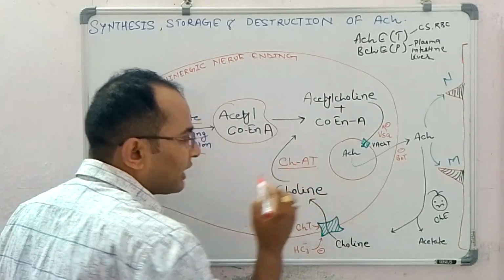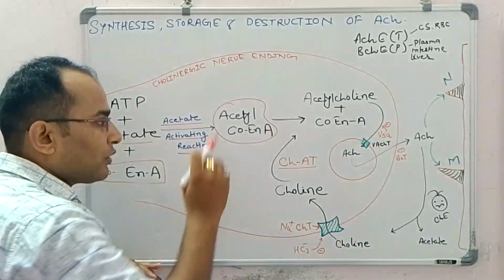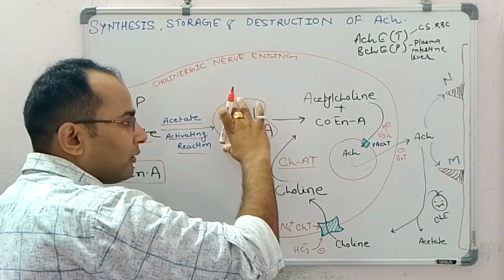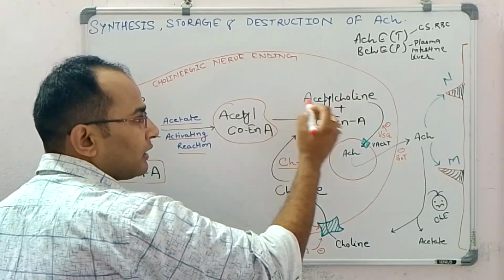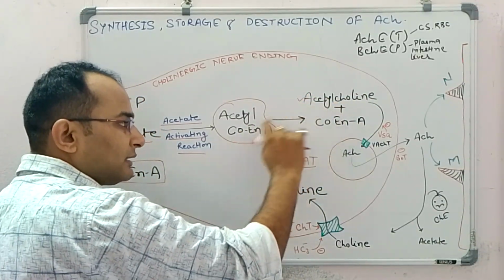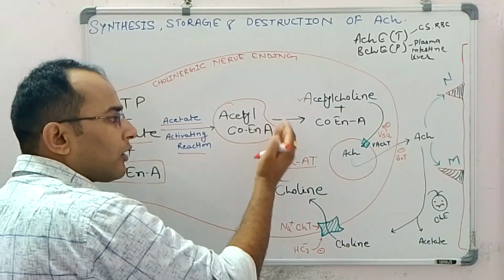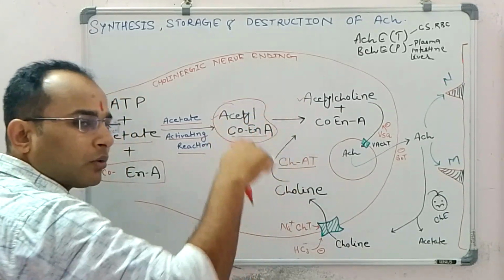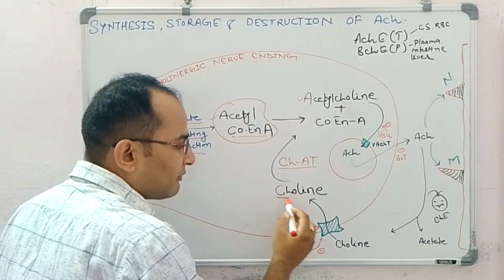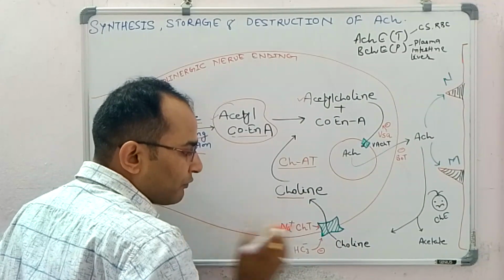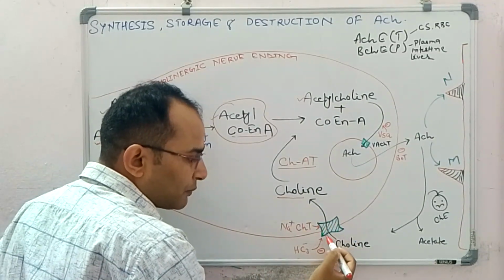choline acetyltransferase, because acetyl coenzyme A further synthesizes acetylcholine, but in this step there will be an intake of choline. There will be acetyl coenzyme A with choline, and the choline comes from outside of the cholinergic nerve ending with this green color transporter.